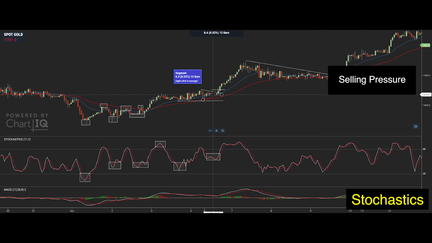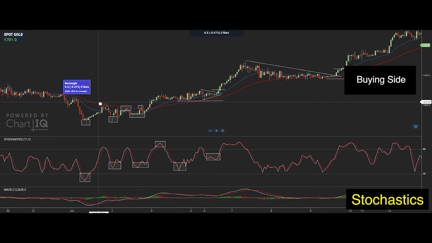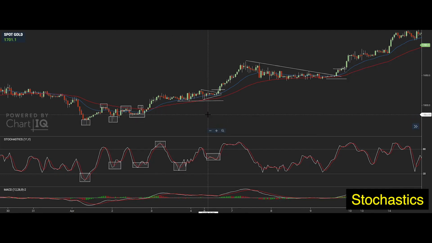Price is getting held up. Price is getting soaked up by the buyers. So we want to make sure that we're on the right side. And to me, utilizing that data, the right side is to be on the buying side. That's utilizing the stochastics and the pressure along with price action and what's happening with the MAs. From that action, we want to be on the buy side, and it's quite clear when price starts to expand higher.